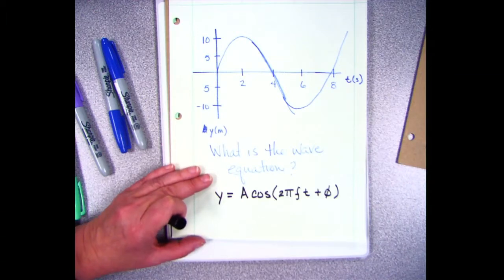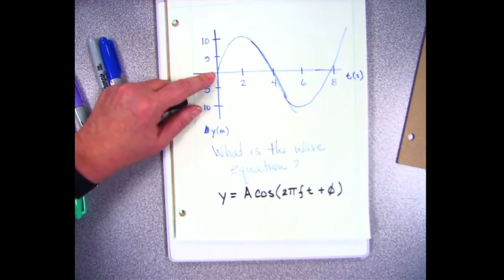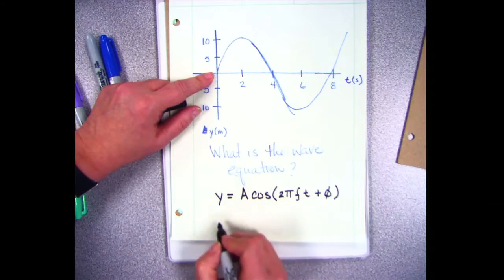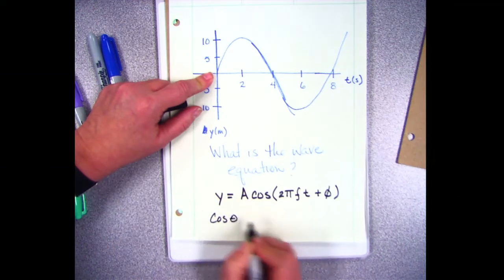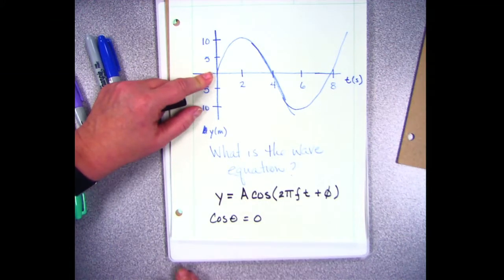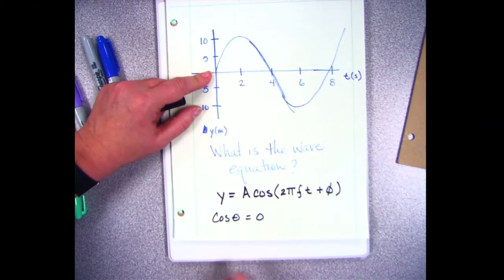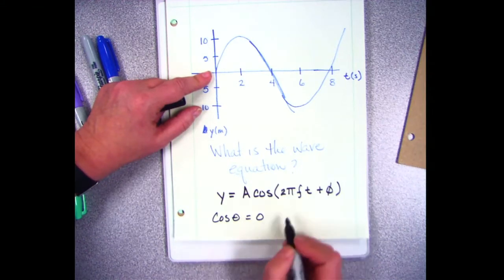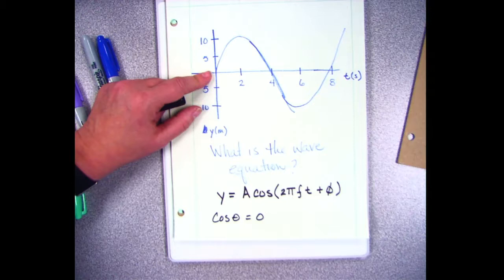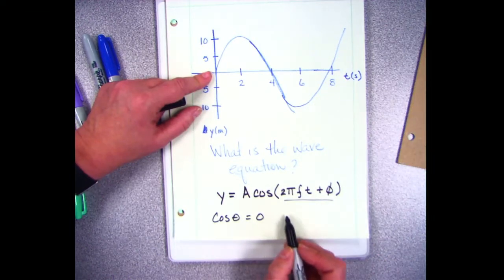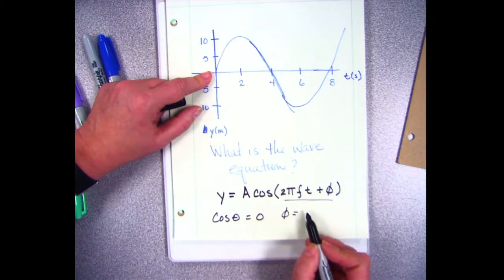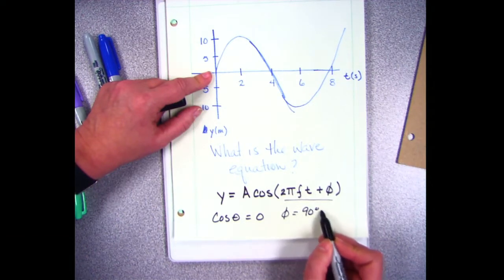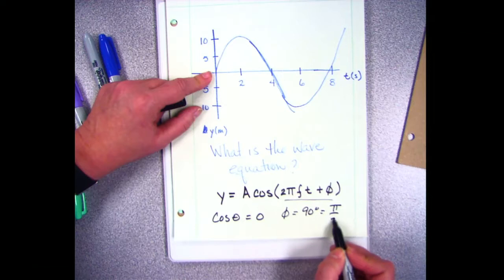Now, when it's cosine and I start at 0, I want the cosine of whatever the angle is to equal 0. If I happen to remember it, I can plug it into my calculator. We know that the angle would have to be 90 degrees, and I want to be in radians, so my phase angle is going to be pi over 2.